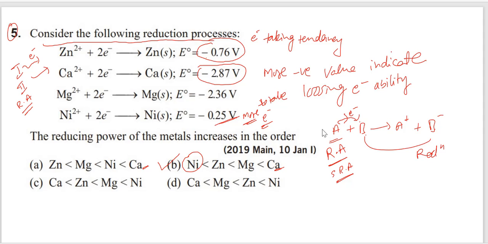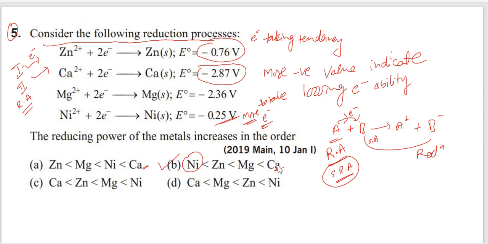Understood? See, reducing power and oxidizing power concept is important. Here A is called reducing agent, B is called oxidizing agent. Okay, reducing agent को ये character होना चाहिए. It can lose electron freely, easily, efficiently. Okay, those are good reducing agents, strong reducing agents.